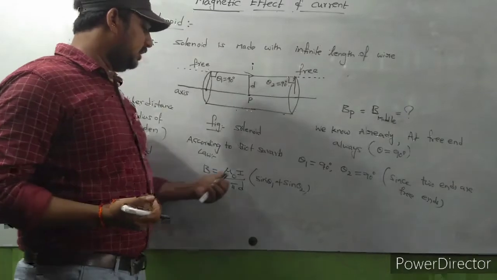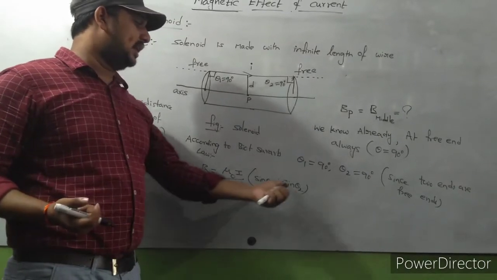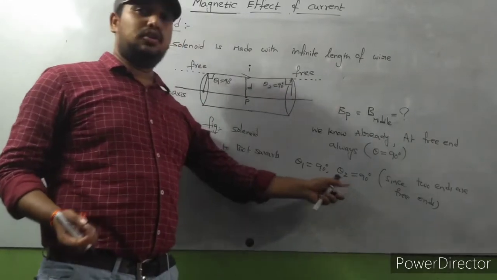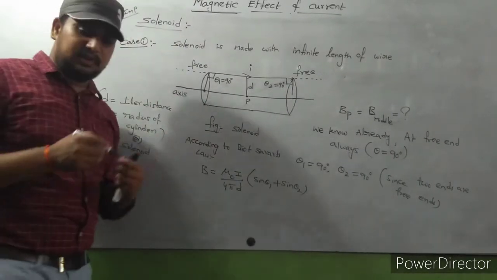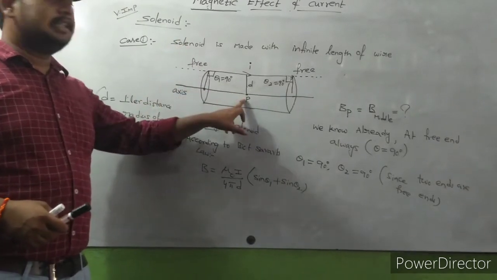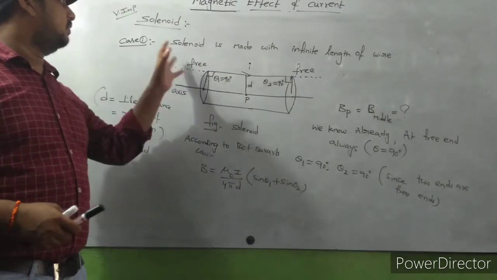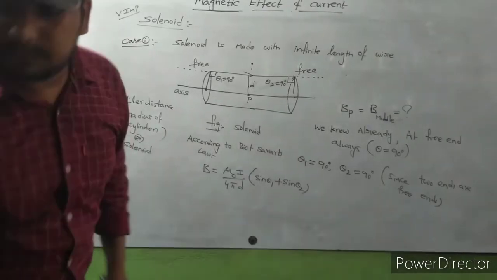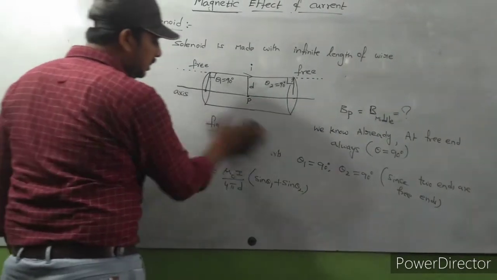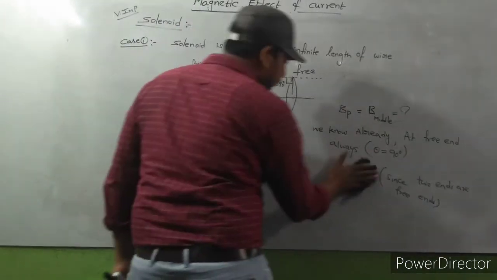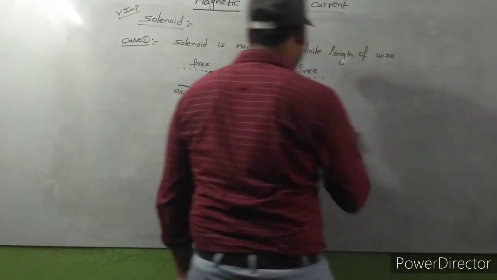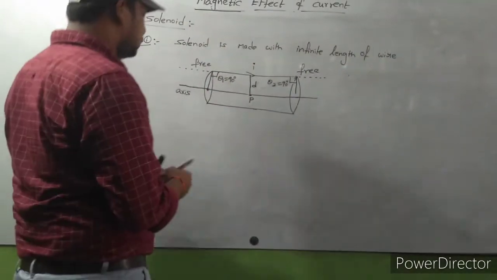So B is equal to mu naught I by 4 pi D into sin theta 1 plus sin theta 2. Theta 1 value you know, theta 2 value you know, just substitute here, then we will get the magnetic field at this point P if the solenoid is made with infinite length of wire. Now observe carefully, we will solve now.